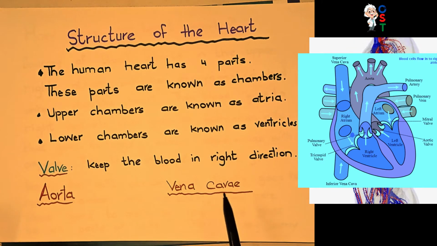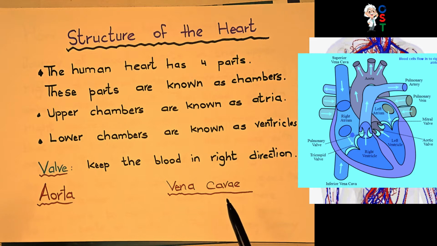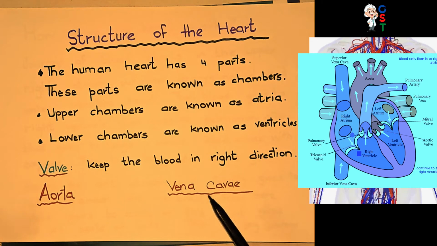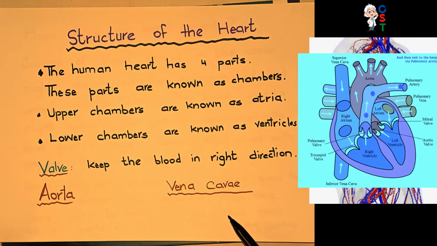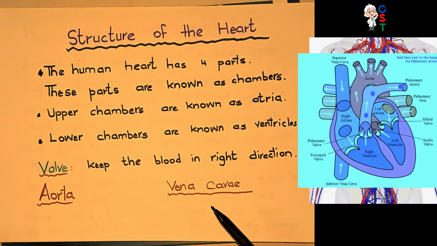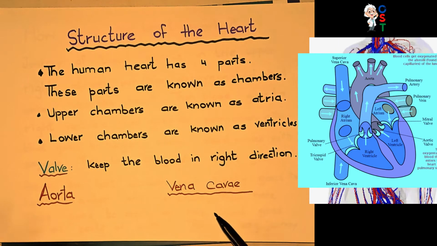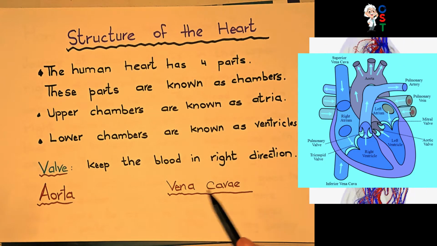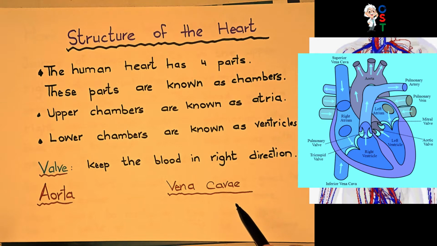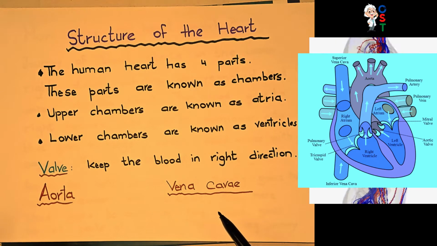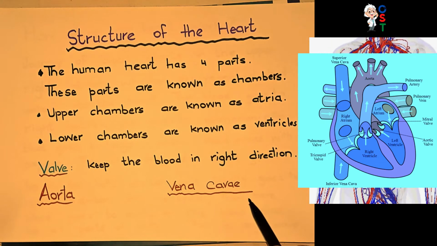And vena cava, upper vena cava and lower vena cava, collect the blood from the upper side and lower side of the body and move towards the heart. They return blood from the parts of the body to the heart.